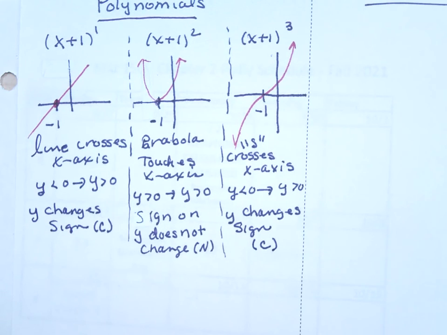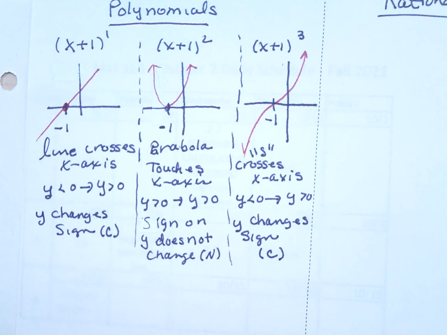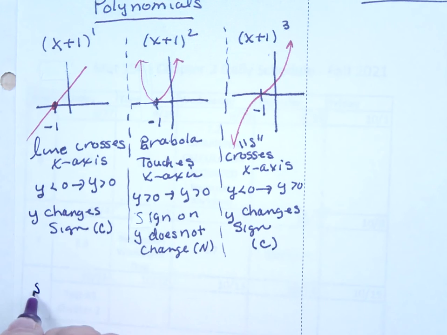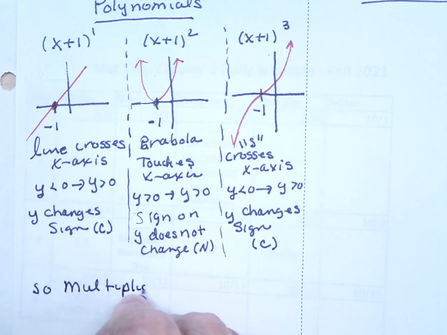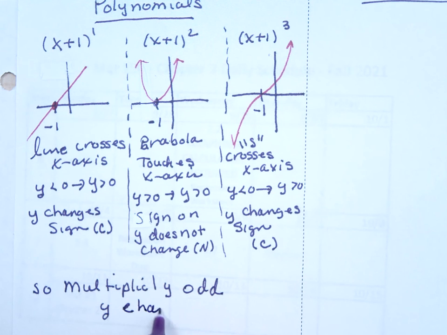Now, what does this mean to us? So, excuse me, multiplicity odd, y changes sign.